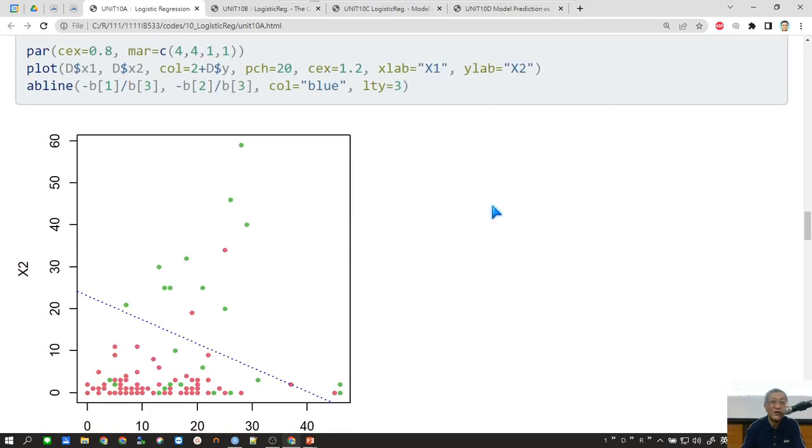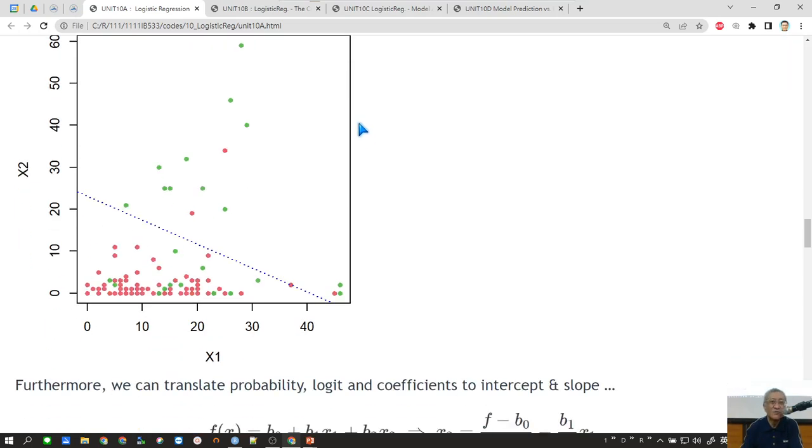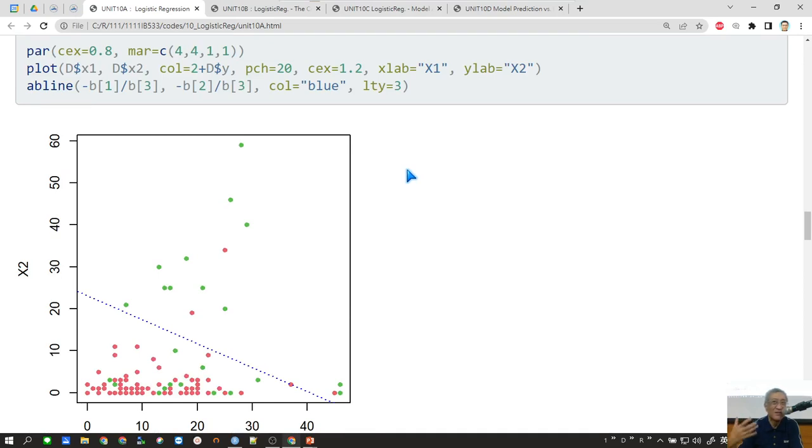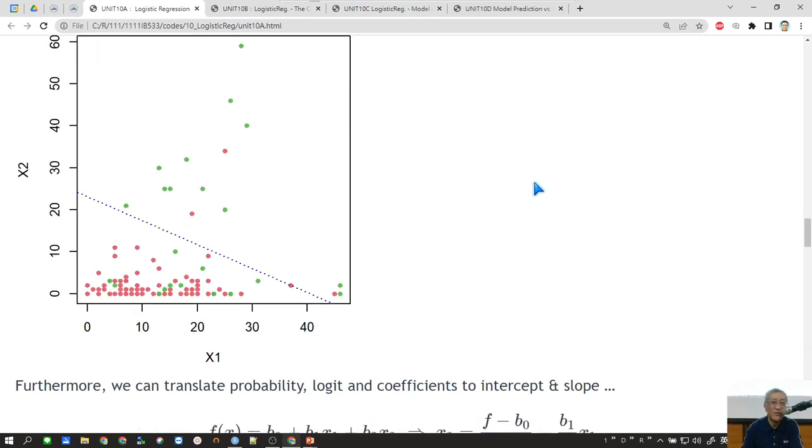But just for better understanding, I draw the line for you, okay? You don't really need to worry about the code chunk. You don't need to do it usually. I just put on a plot for better understanding.